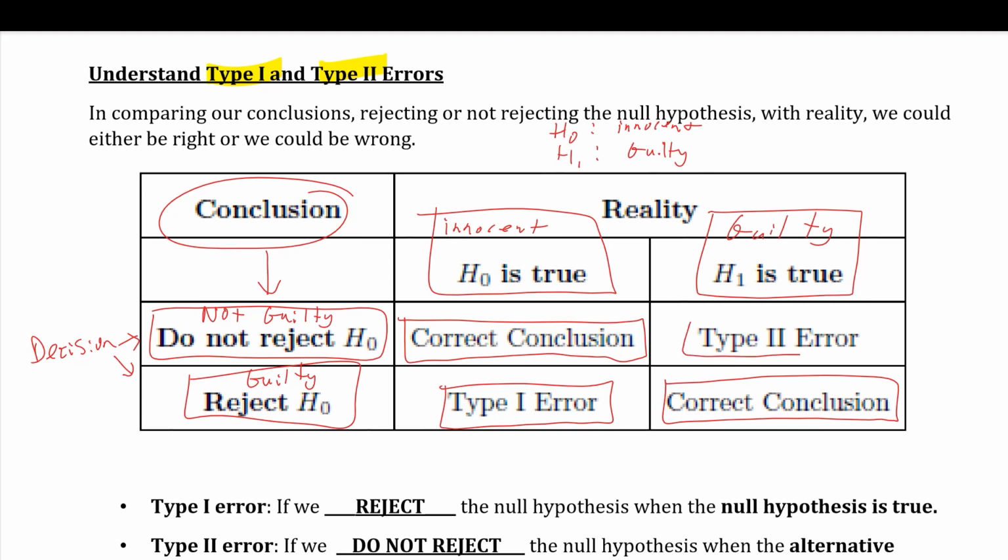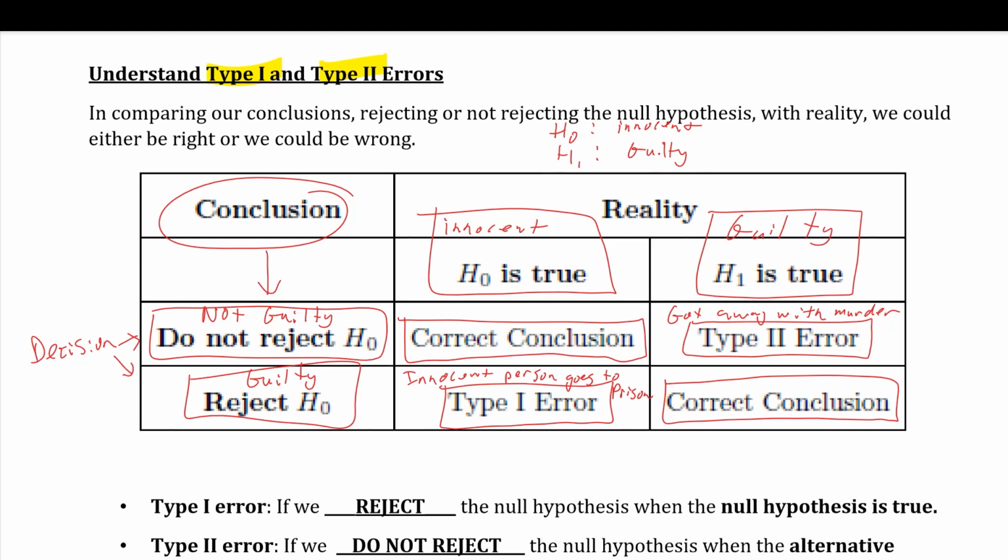That's another type of error. So this person got away with murder. A type 1 error would be an innocent person goes to prison.